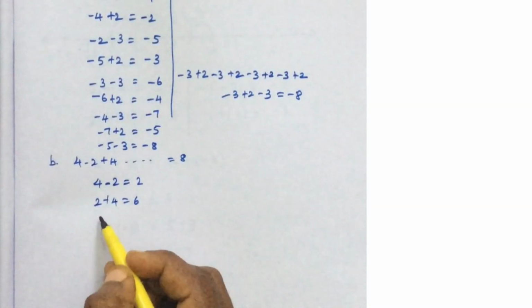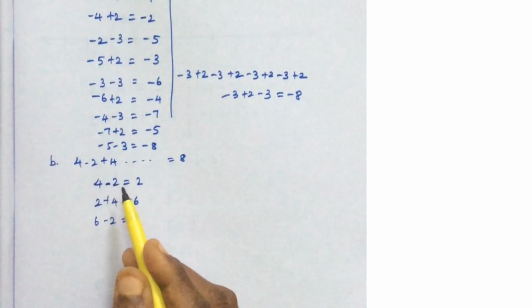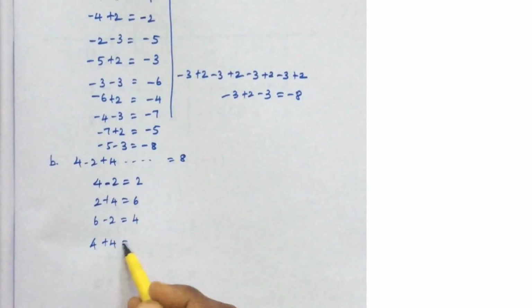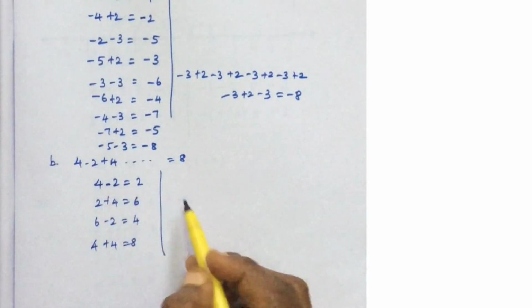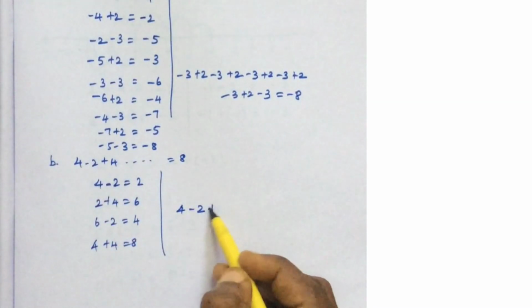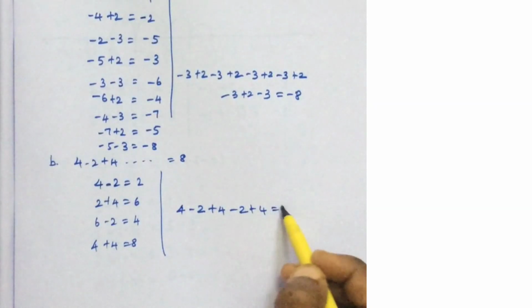Again minus 2, so 6 minus 2 equals 4. Again plus 4, that is equal to 8. So the answer is: start from this 4, 4 minus 2 plus 4 minus 2 plus 4, that is equal to 8.